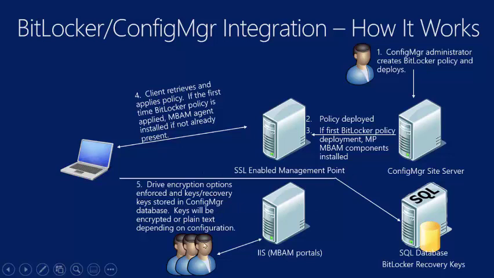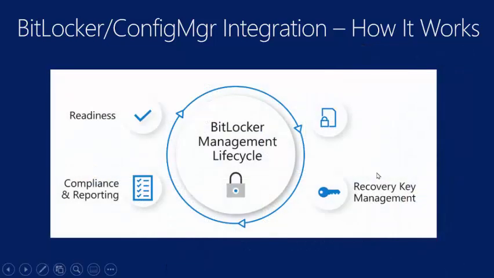And then down here, I have just some graphics representing help desk users, self-service portal users, whatever, that are working with IIS directly to access the MBAM portals, which will let them do the things that they might want to do. All right, and then I have another graphic here, just how it works in terms of the BitLocker management lifecycle. This is from our docs, right? It's kind of an ongoing process where we will deploy our BitLocker keys, we'll have compliance and reporting, we'll have recovery key management, and so on, right?